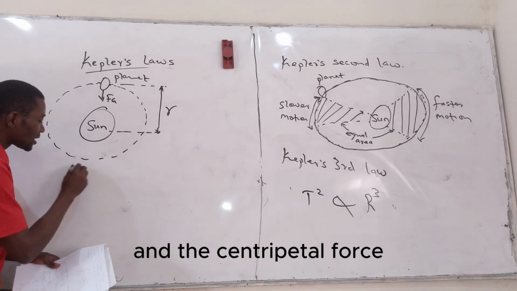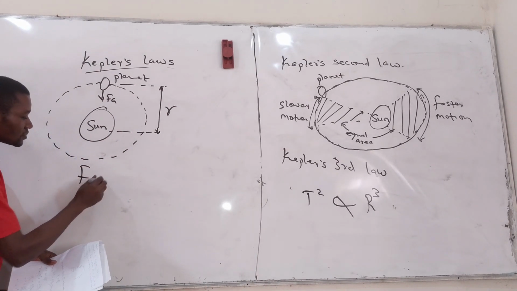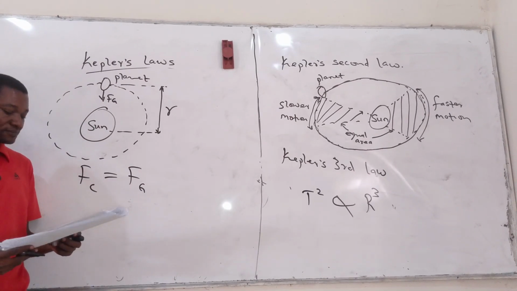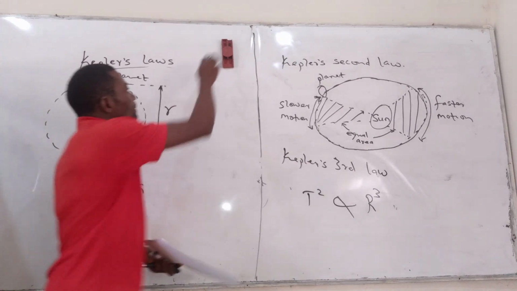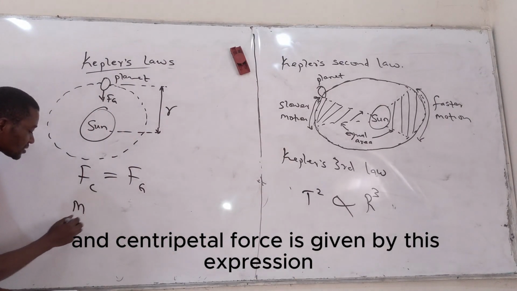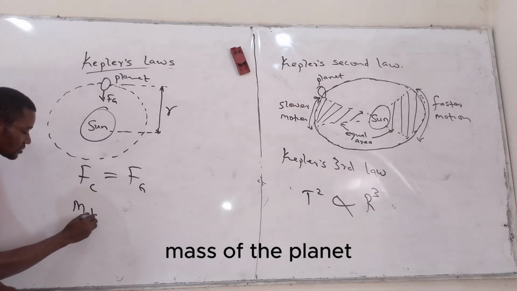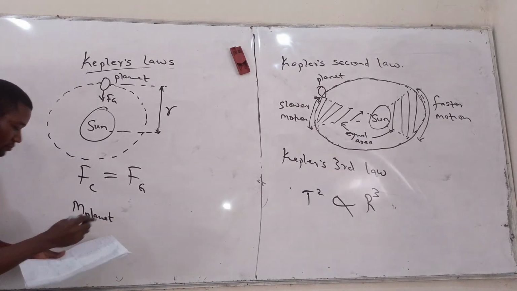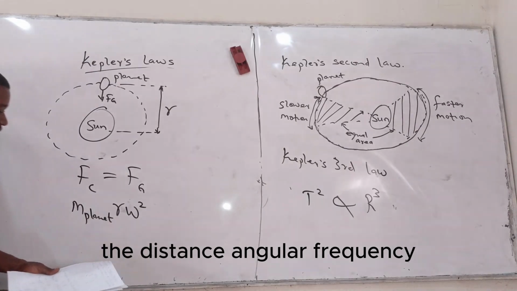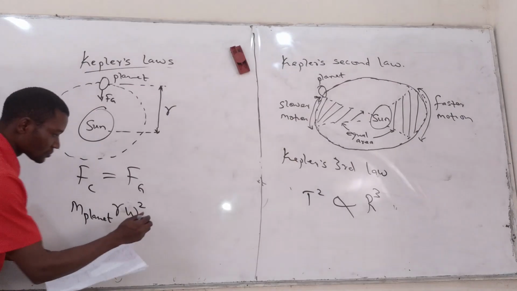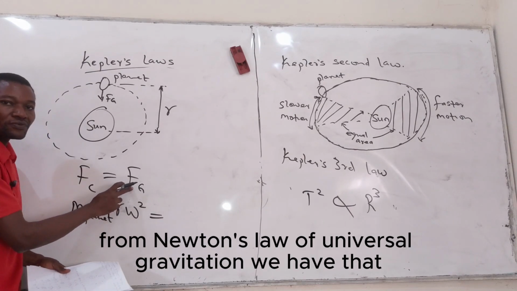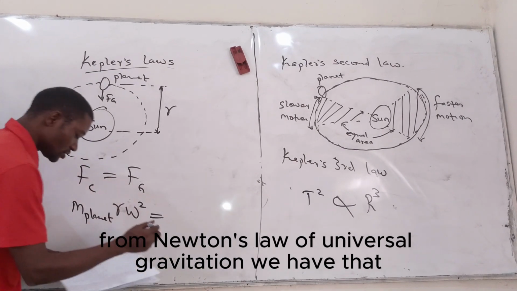And the centripetal force is equal to the gravitational force. And centripetal force is given by this expression: mass of the planet, the distance, angular frequency, is equal to gravitational force from Newton's law of universal gravitation.